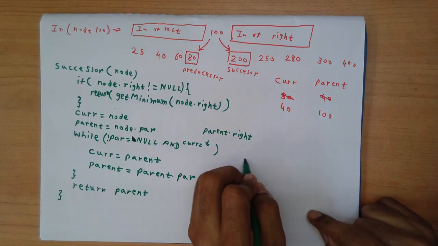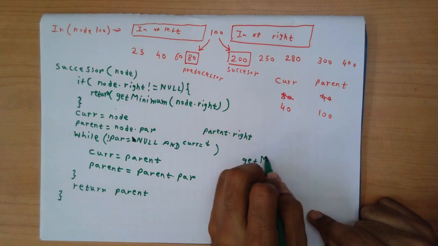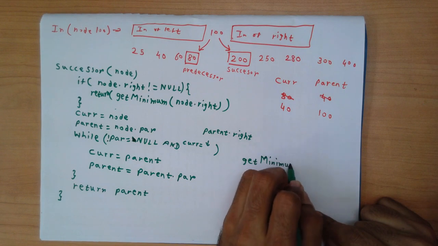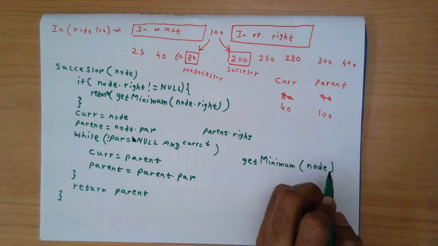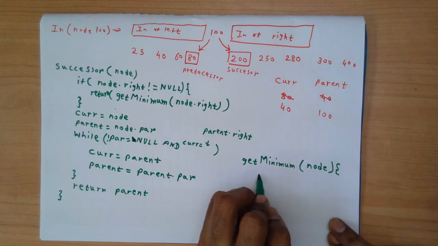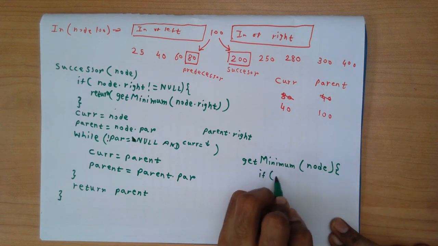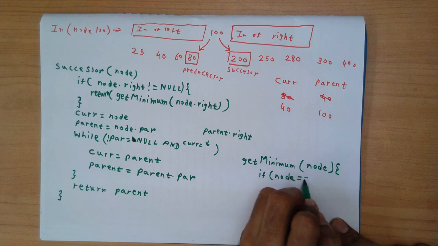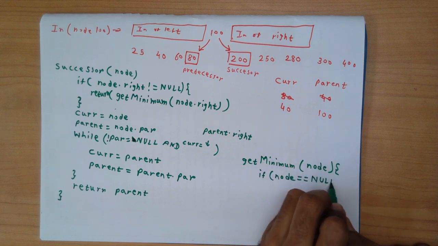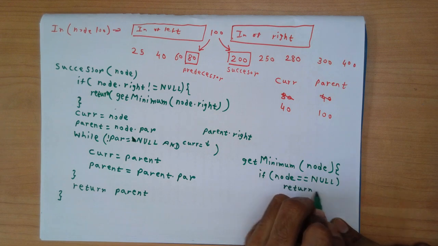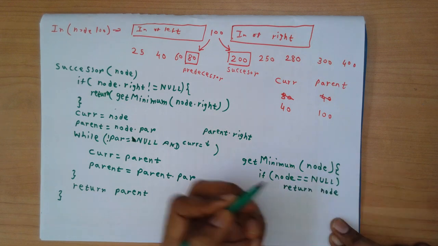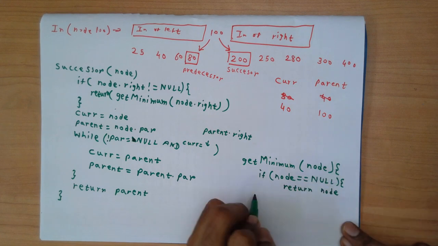So if I want to do get minimum from a node, the first thing I will check is if this node is equal to null. If that's the case, I will simply return my node. That's my empty tree.